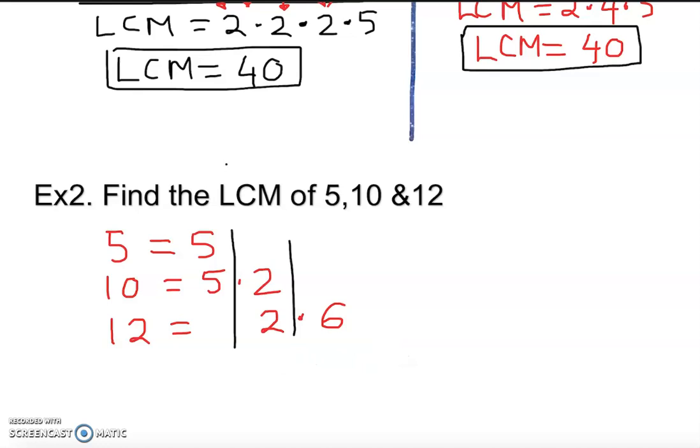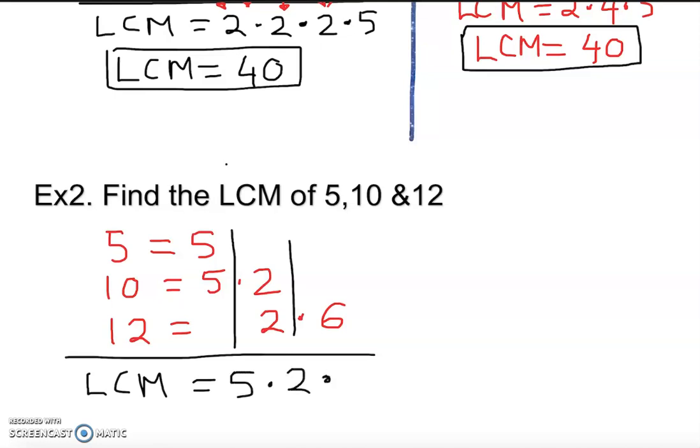Next, I'm going to draw a line and find my LCM. Bring down 5 times bring down 2 times bring down 6, and my LCM is going to be 5 times 2 is 10, times 6 is 60. The LCM is 60.